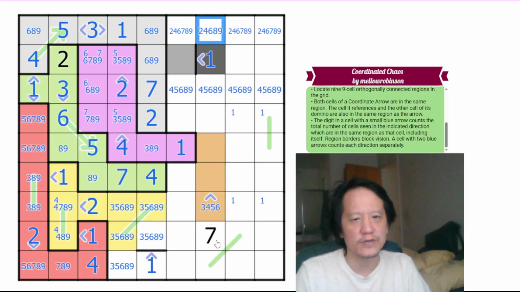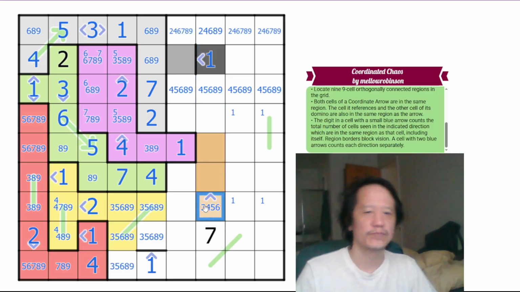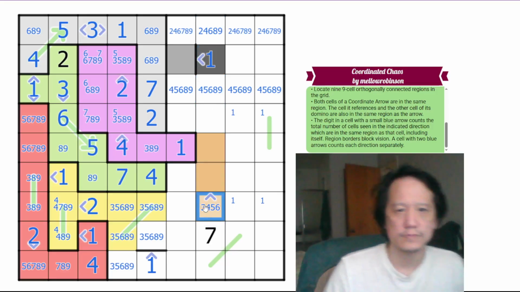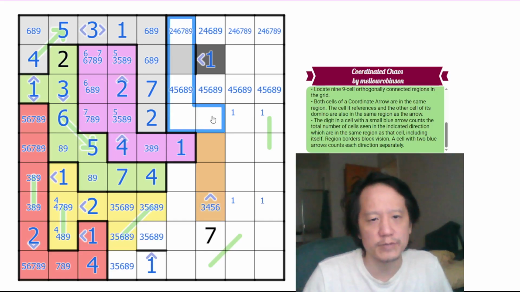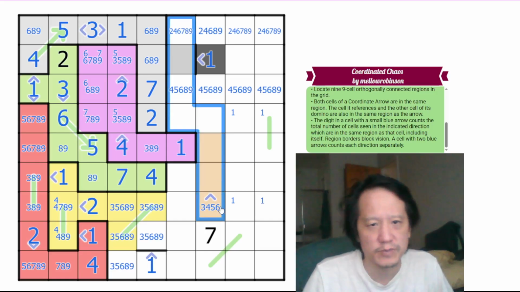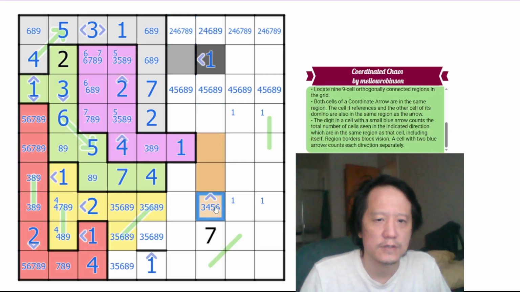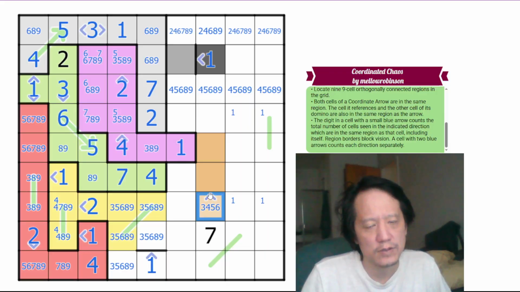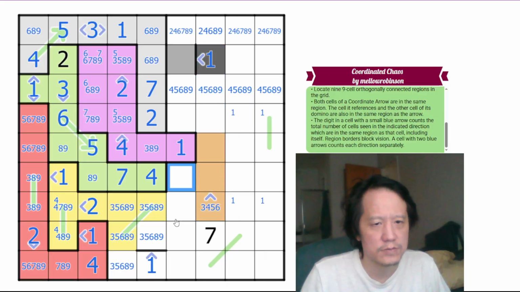Okay, this can't be 7 because of the 7 in the column. I guess this medium gray could be the same as this one. That's possible. It still could be all 6 there. So it could be dark too. Interesting. 1, 2, 3.